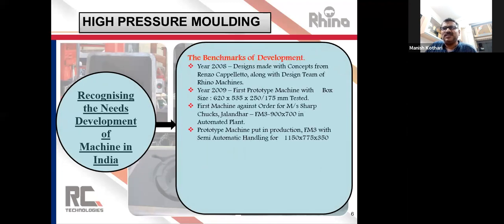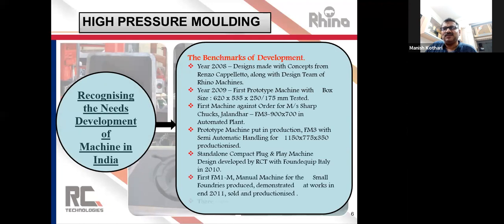We started in 2008, and today we have been able to do a lot of installations across varied sizes. Of course, we are not into a very high level of automation as larger foundries would be, but since our focus was on the small and medium foundries, we have kept our focus on medium production, and slowly we are getting into automation.